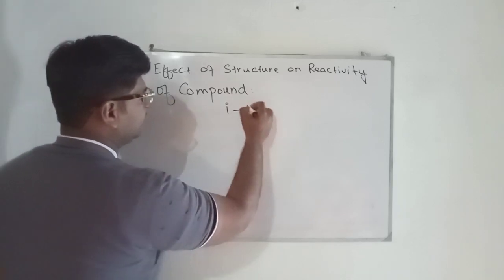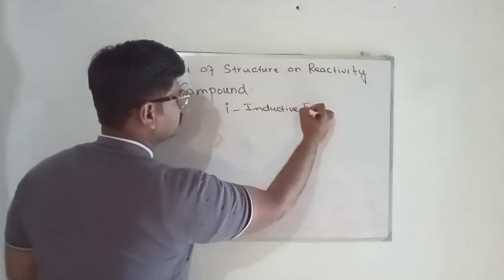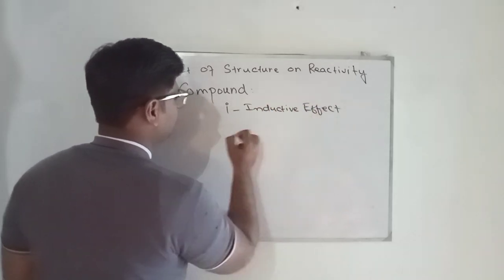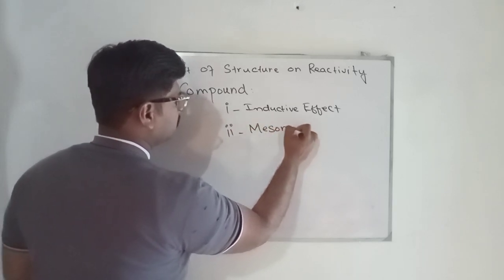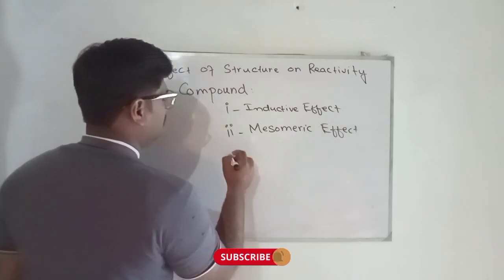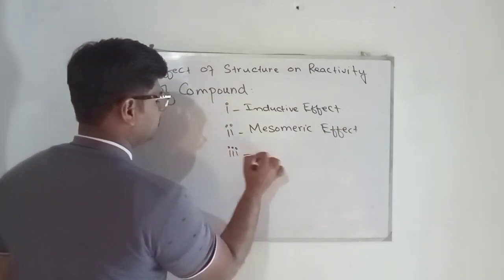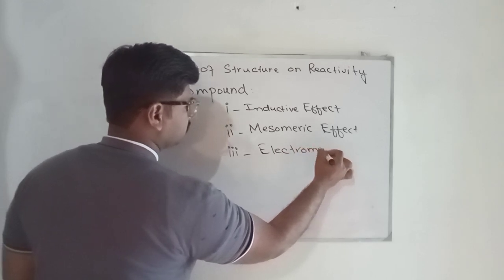So number one is inductive effect. Number two is mesomeric effect, and number three is electromeric effect.